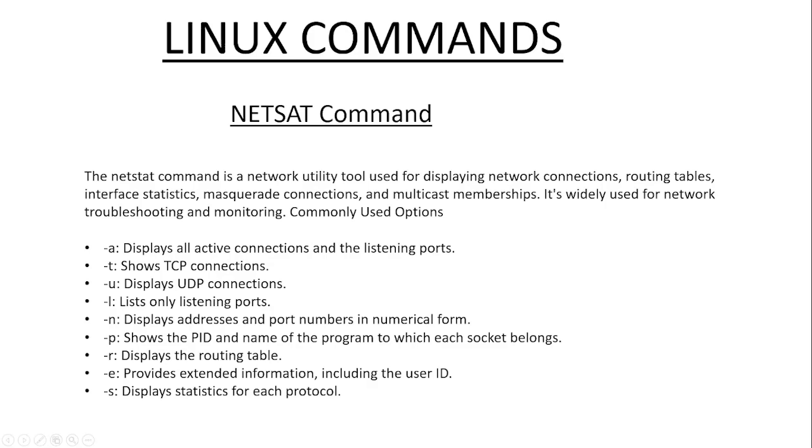There are some common options that we can use with this command: A for displaying all active connections, T for showing only the TCP connections, U for showing UDP connections, L for all listening ports, N for displaying the network and port numbers, P for the process ID, R for the routing table, E for the extended information, and S to display the statistics for each protocol.